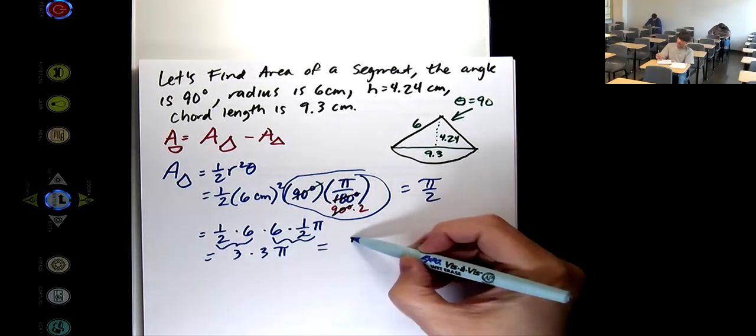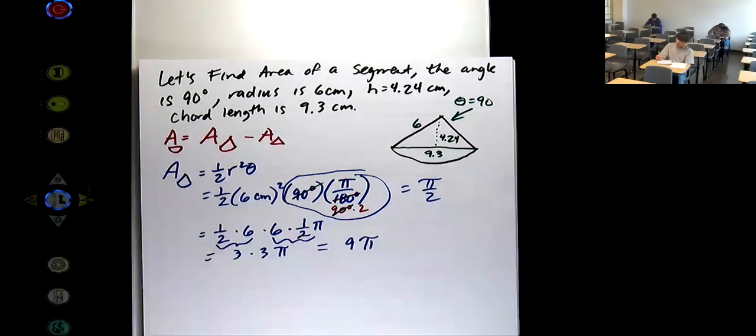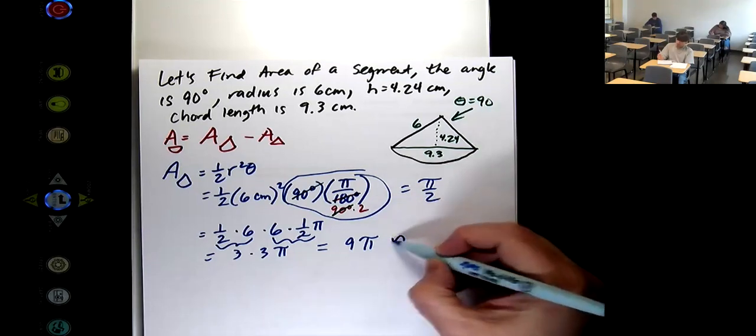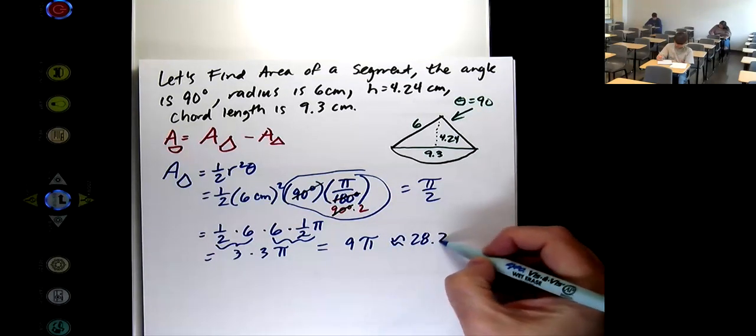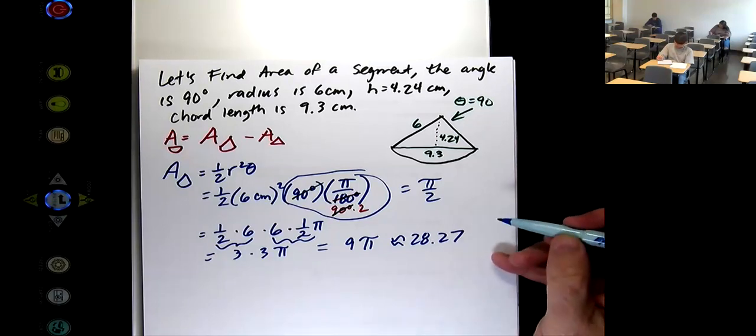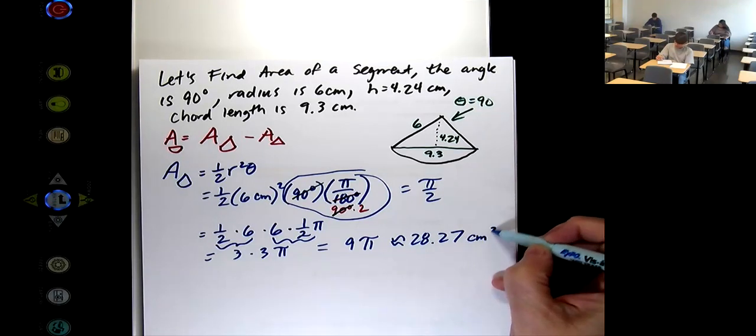This one ends up being 9 pi, which is approximately 28.27 centimeters squared.